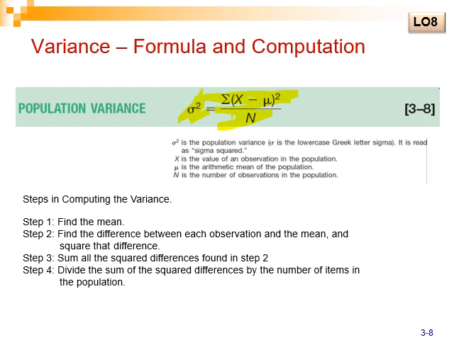So again, the population variance is called sigma squared, a Greek letter called sigma. X is the value of the observations in the population, mu is the arithmetic mean of the population, and capital N is the total number of observations in the population.